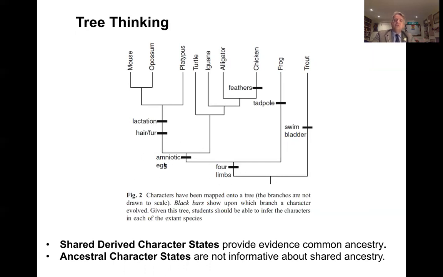They are defined by the shared derived traits of hair and lactation. The ancestral character states of having an amniotic egg and 4 limbs, while present in mammals, are not informative about the monophyly of mammals. Therefore, they're not traits that define mammals as a monophyletic group.